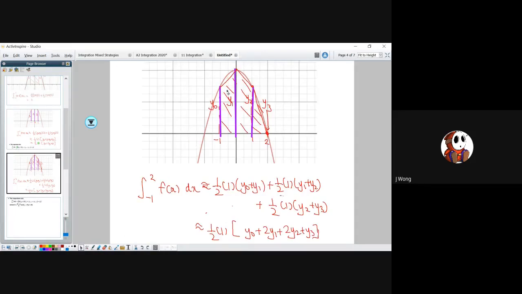So you could see that y0 plus y3, the endpoints, plus 2 lots of y values in between. So that will be the formula for the trapezium rule.